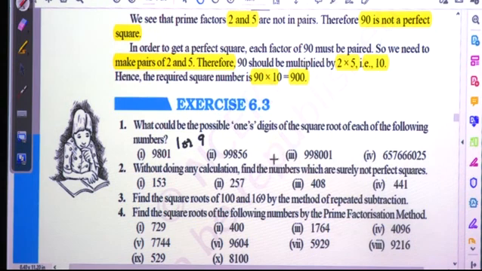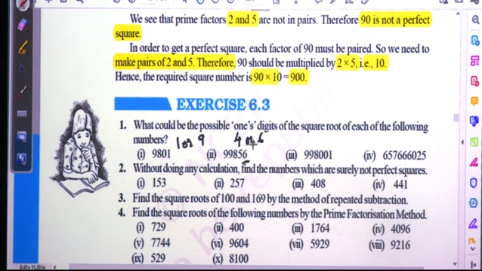Similarly, the second one, 99,856, we are going to consider 6 here. Now, whose square ends in 6? 4 square is 16 or 6 square is 36. So, what is the possible ones digit of the square root?